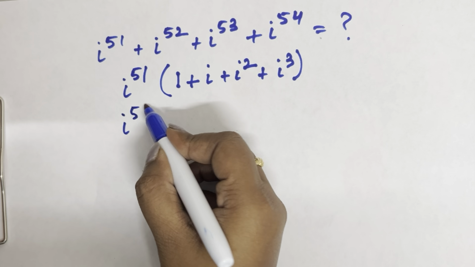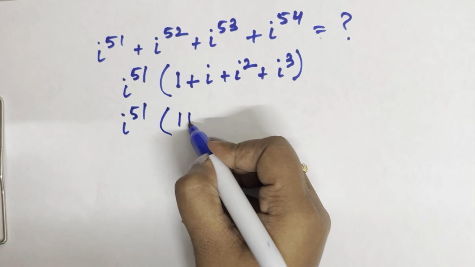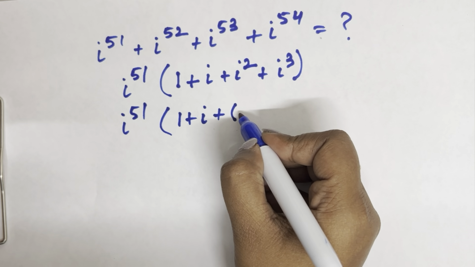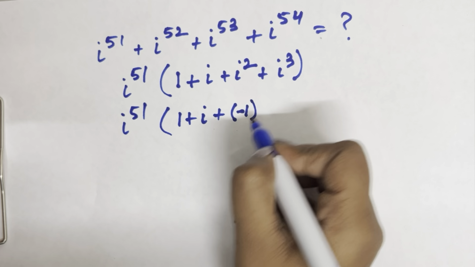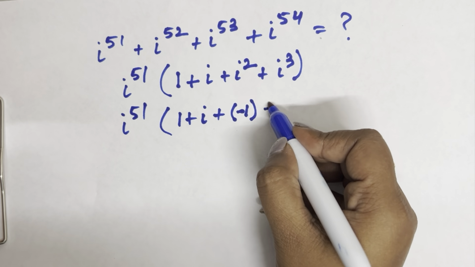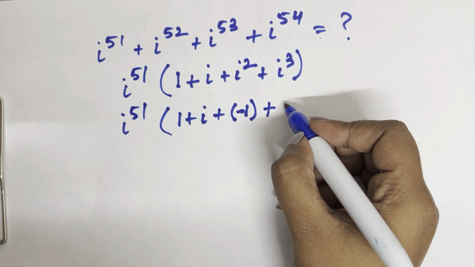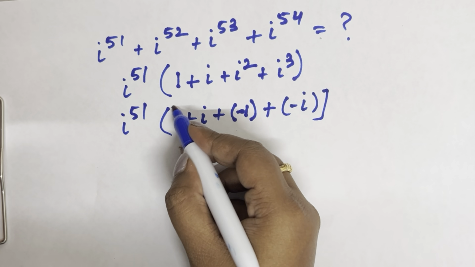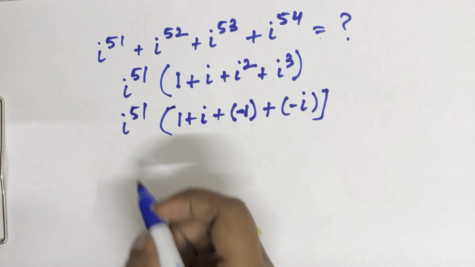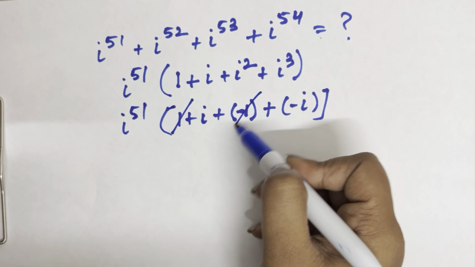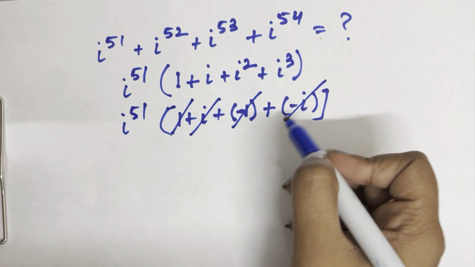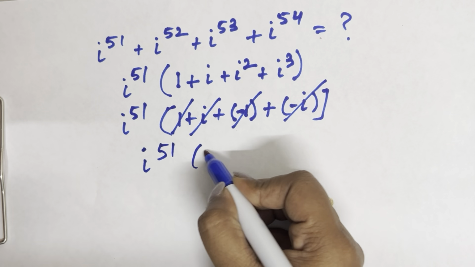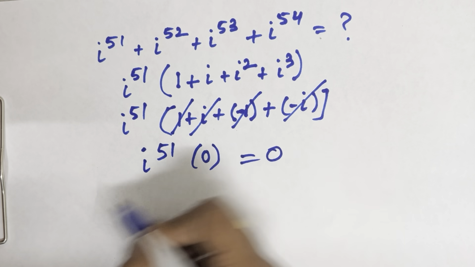Now iota to the power 51 is outside. 1 plus iota square is what? -1. Plus iota cube is what? Minus iota, right? Now plus 1 cancels out with -1, plus iota cancels out with minus iota. We are left with 0. So iota to the power 51 into 0 will be equal to 0.